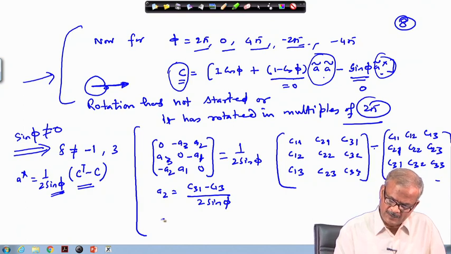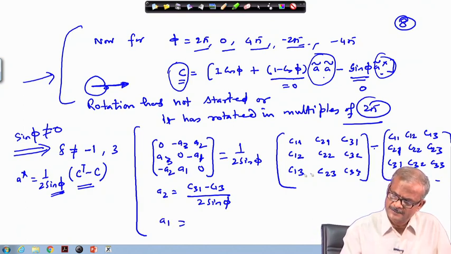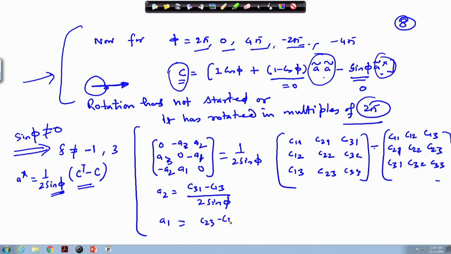Similarly, A 1 we can check from this place, this is C 2 3 minus C 3 2 divided by 2 sin phi. Okay. Similarly, we will have A 3, we can check from this place, C 1 2 minus C 2 1 divided by 2 sin phi. So, this gives you uniquely A 1, A 2, A 3.